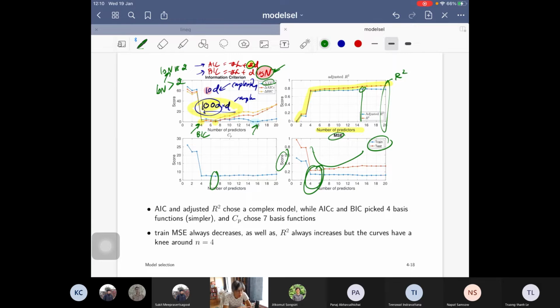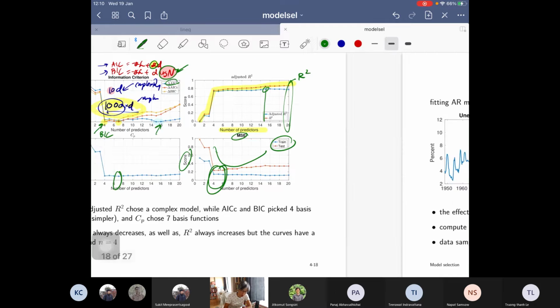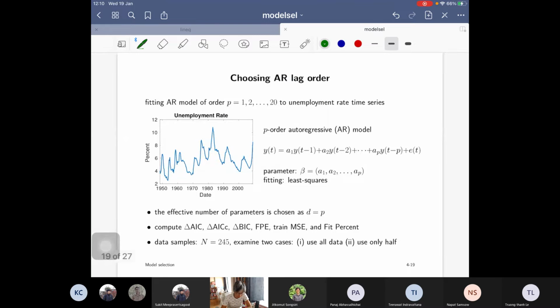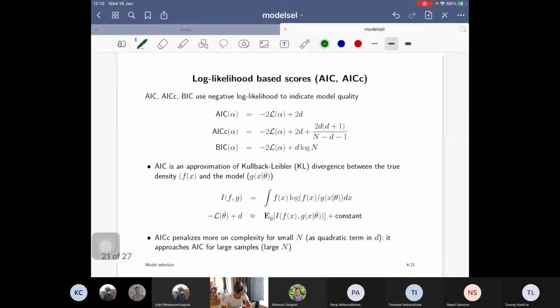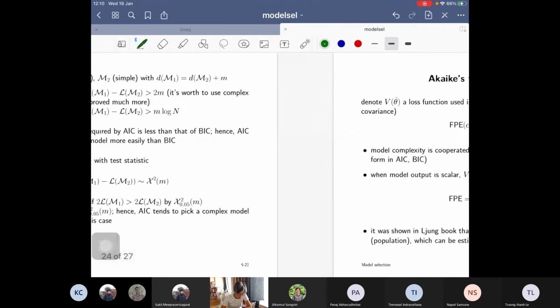So that suggests that you don't need to use a higher order model like 10 or 12, 14. So all this information can help you select an appropriate model. We have this again on another example. Let me take a look.